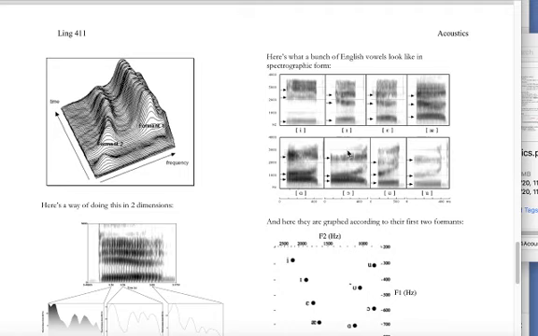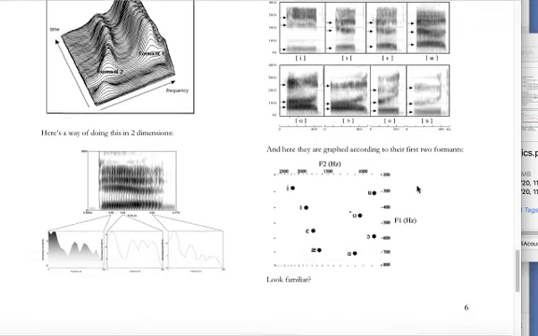And then we go the opposite direction, from low vowels over here to mid to almost high to high. Here, the first formant, F1, is going down. So this is, again, not an accident. The main correlates of vowel height and backness across languages are the F1 and F2 frequencies.